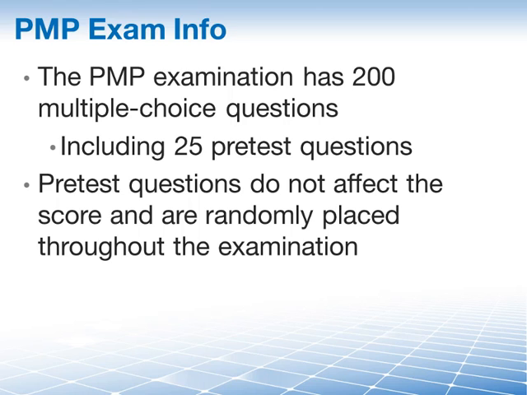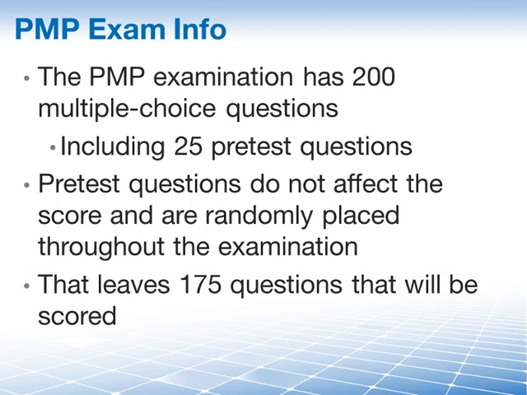These are new questions that they have developed, maybe based on new insights in project management, and they're trying them out on you to see how well these are received, how people are answering them. Basically, you're becoming a guinea pig for PMI. They're trying out these questions on you.